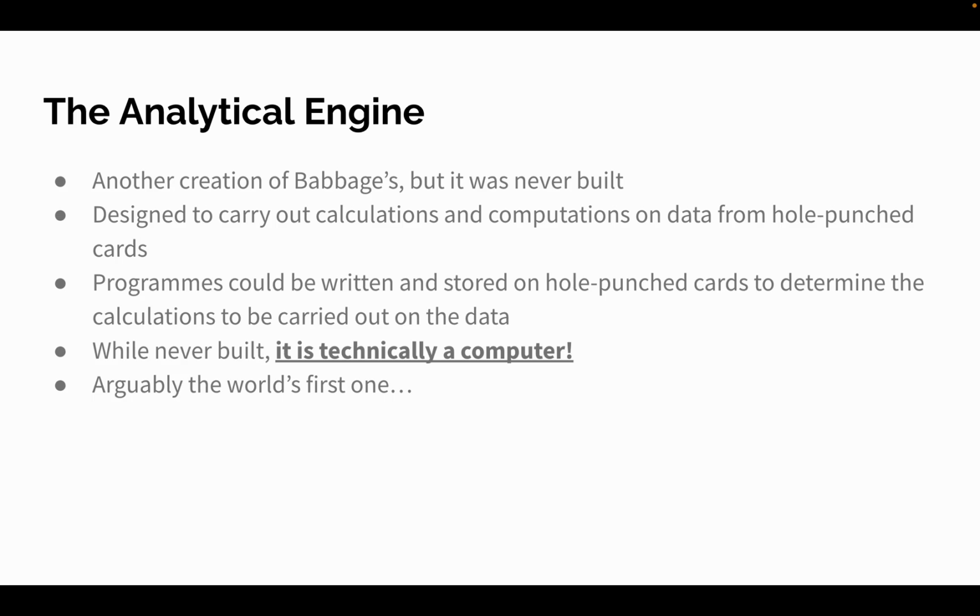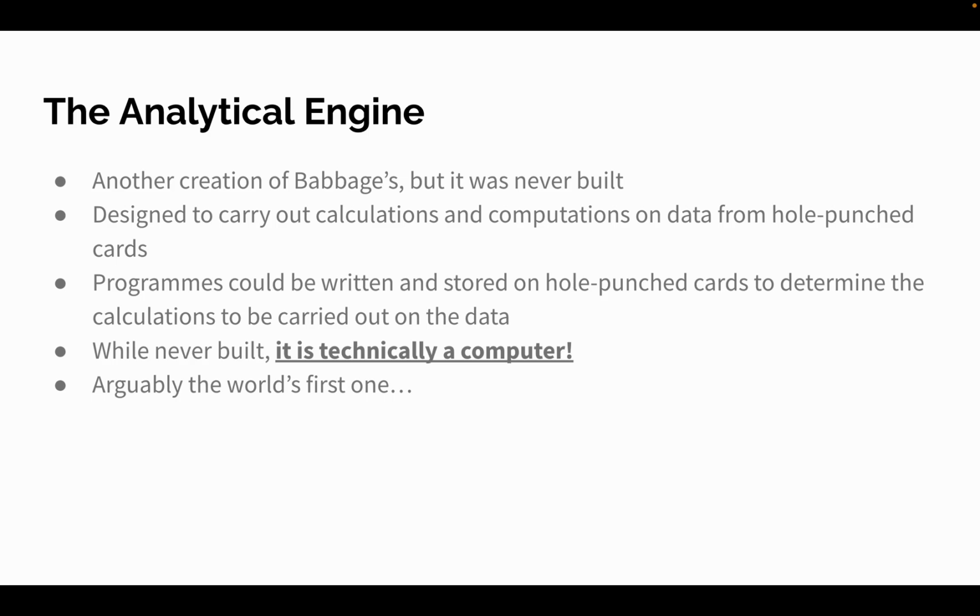Okay, this is another creation of Babbage's. You can see I don't have a picture of it because it wasn't actually made. This is the Analytical Engine. It was designed to carry out calculations and computations on data that was stored on hole punched cards. So literally thick pieces of card with holes punched into them. And you could also write programs and store them on hole punch cards as well to determine the calculations to be carried out on the data.